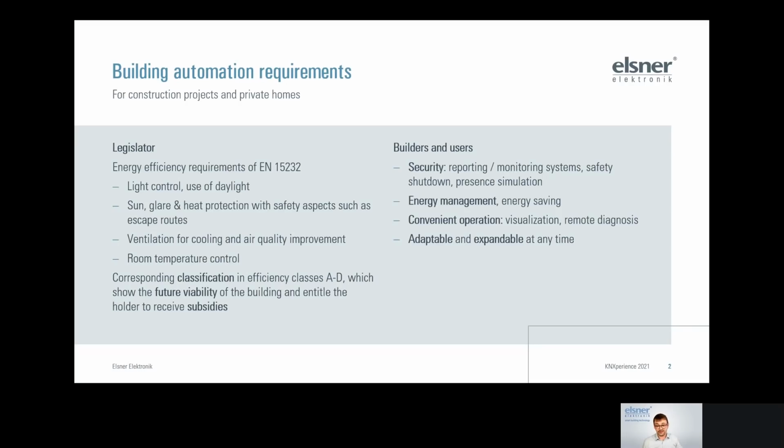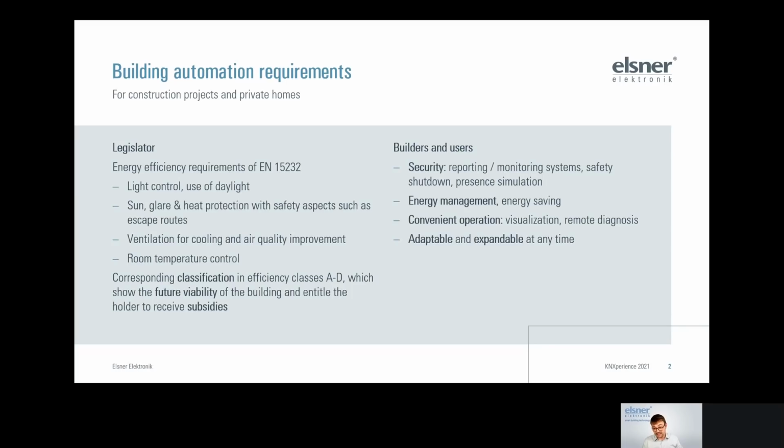In addition, there are requirements in the area of security, reporting, and monitoring systems, as well as safety shutdown or even presence simulation. An example of this would be a fault message from an elevator, or the safety shutdown, where consumers are disconnected from the network outside of operating hours, which is also an energy saving aspect, which is one of the most important aspects nowadays.